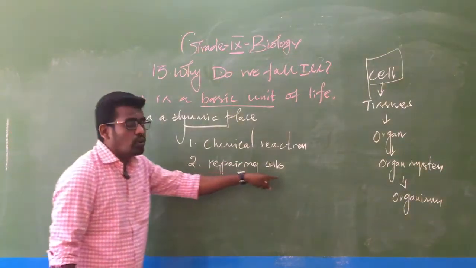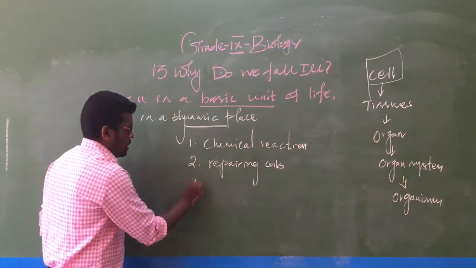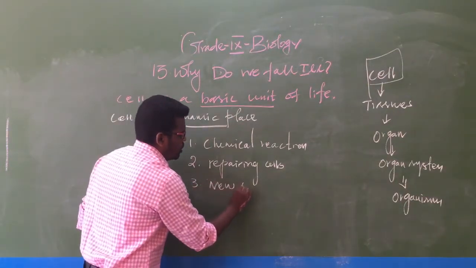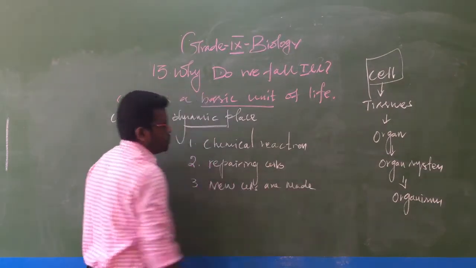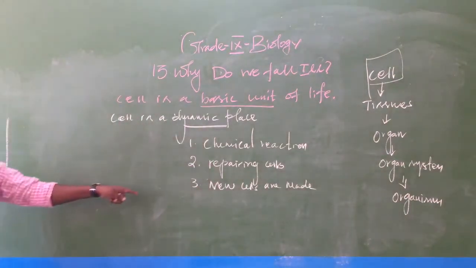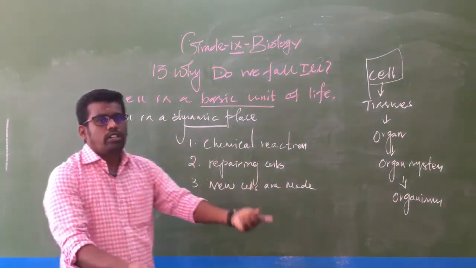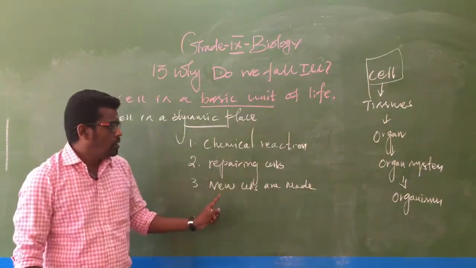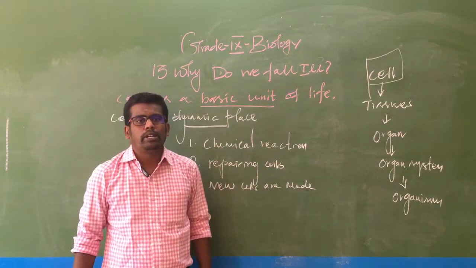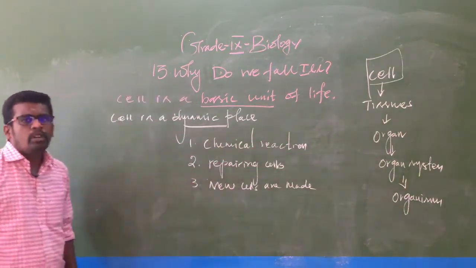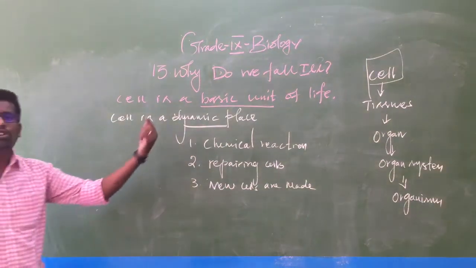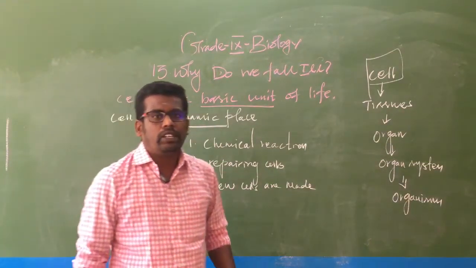This also occurs inside the cells. And new cells are made: through cell division, new cells are being made. So these things occur inside the cell, and so the cell is called a dynamic place.